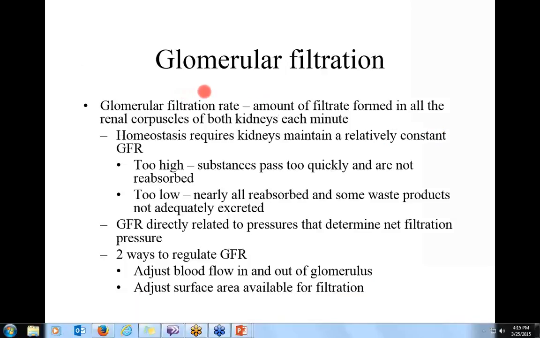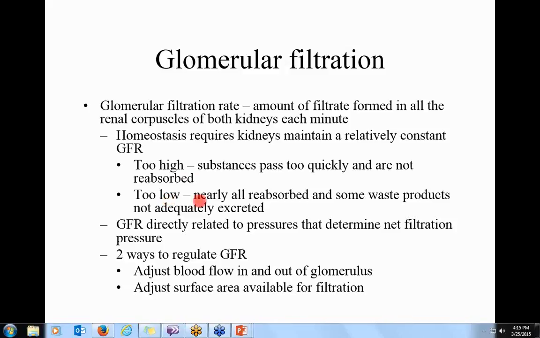Glomerular filtration rate is the amount of filtrate formed in both kidneys each minute. Homeostasis, that internal balance, requires the kidney to maintain a relatively constant glomerular filtration rate. If the glomerular filtration rate is too high, substances pass into the nephron quickly and are not reabsorbed.